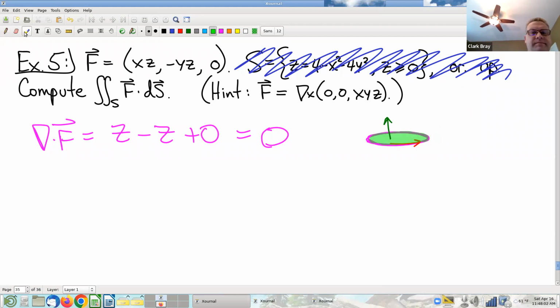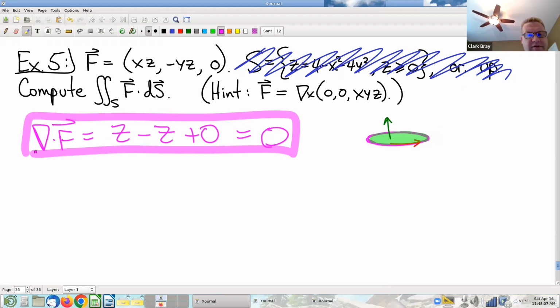Okay, so yes, you gotta love path independence. Excuse me, surface independence. Really nice trick. It's so convenient to be able to just change to any surface we want. These are lovely vector fields that have this property.